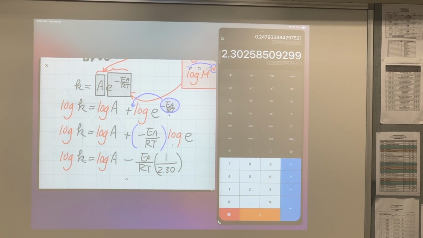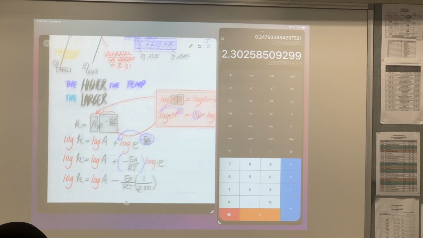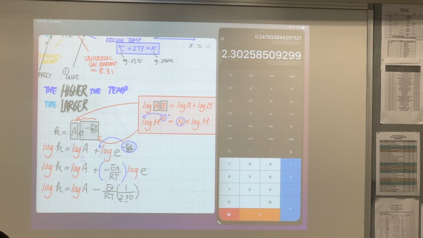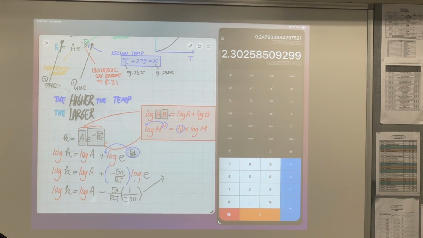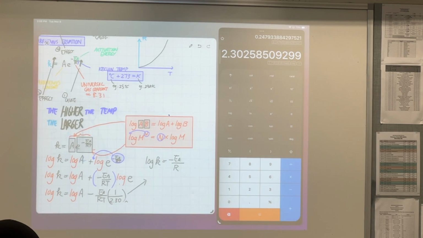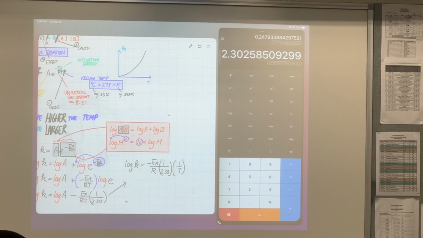If this all looks very scary, don't worry, we are getting to the end, we are seeing the light at the end of the tunnel. This can be converted into the linear equation form that you will really be using. It's log k equals negative Ea over R times 1 over 2.3 times 1 over T, and finally, just one more time, bear with me, plus log A.